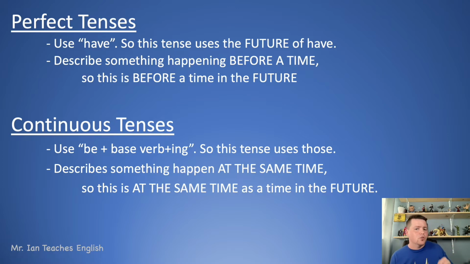So usually we'll choose a time in the future and something was happening before and continued up until that time in the future. So present perfect continuous, past perfect continuous follow the same pattern. If you understand those, you should be able to understand these just from a future perspective.